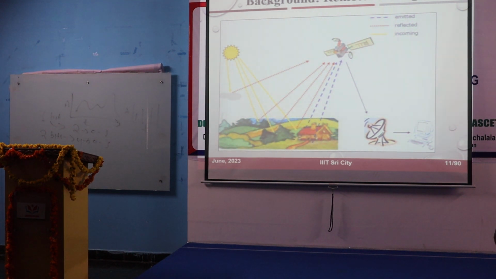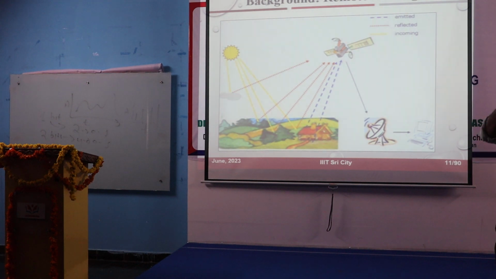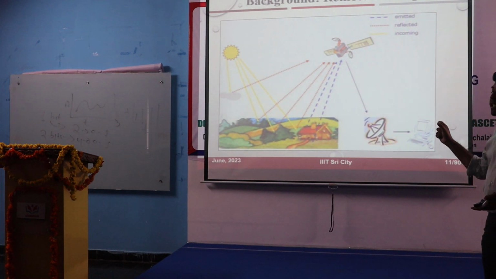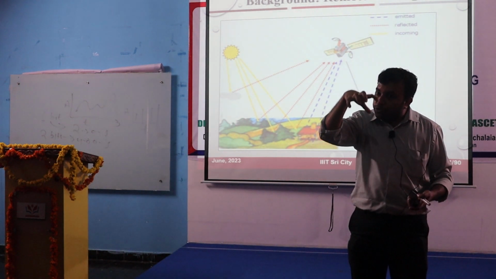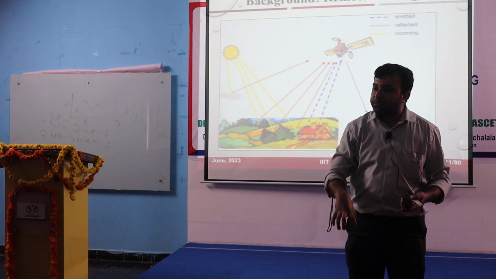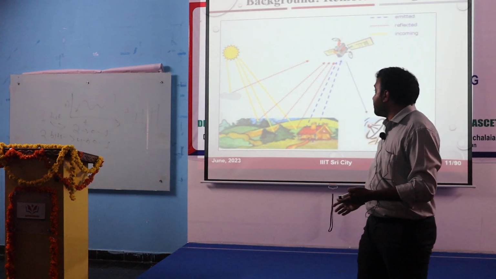Then these objects will reflect the energy, like my red shirt was reflecting energy in the red domain. Based on the material properties, each object on the Earth's surface will absorb certain regions of the electromagnetic spectrum and reflect certain other regions of the electromagnetic spectrum.